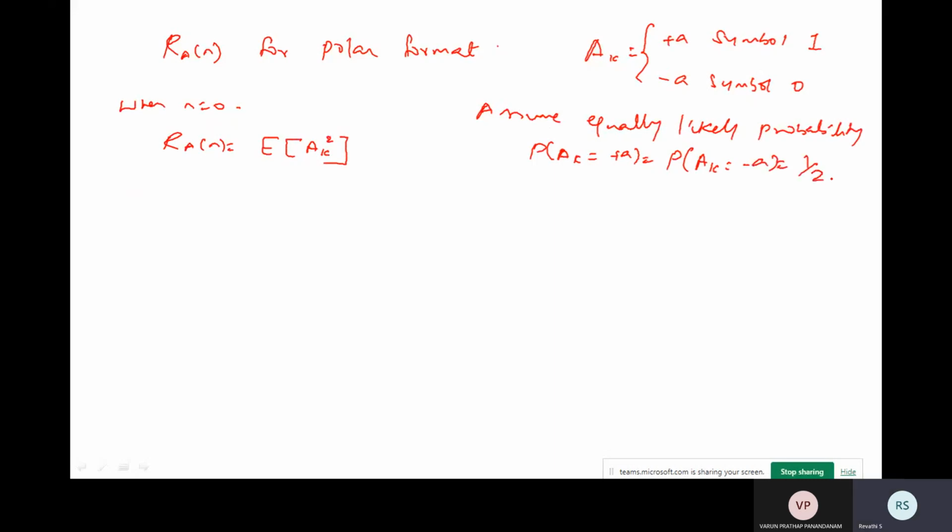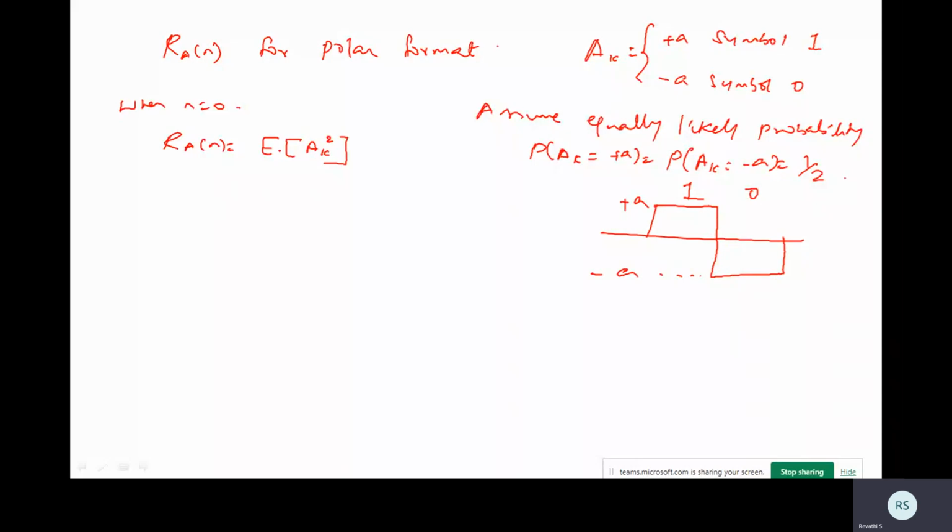So when you are taking the expectation of AK the whole square, it means that you are concentrating on the same period. If you have 1 and 0, 1 is represented by plus A and 0 is represented by minus A. So if n is equal to 0, you are concentrating on the same period, so it may be either plus A only or minus A only.